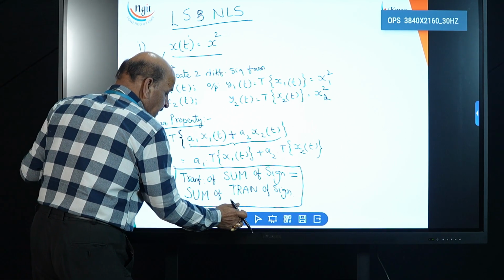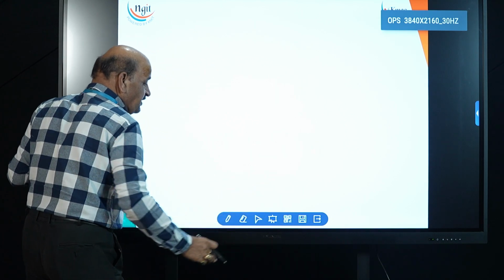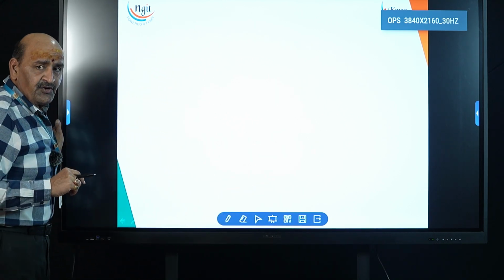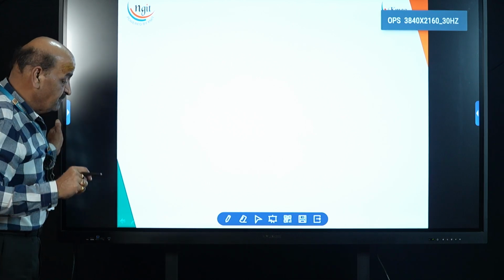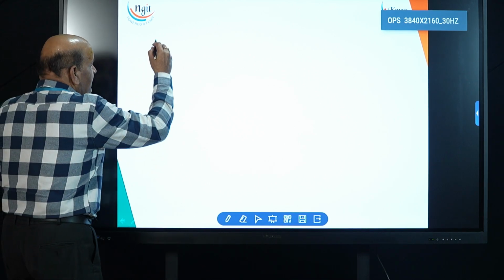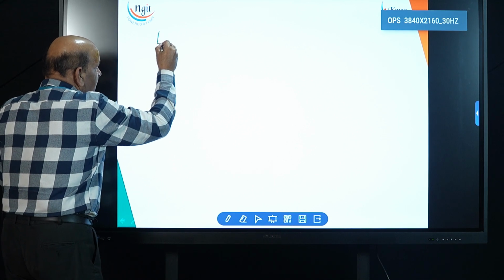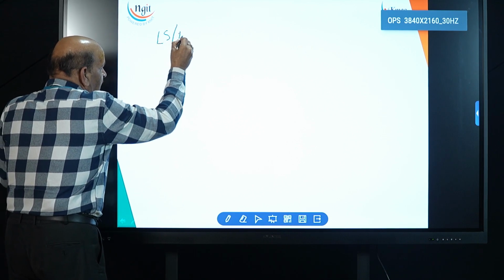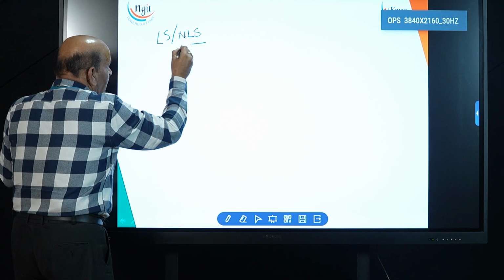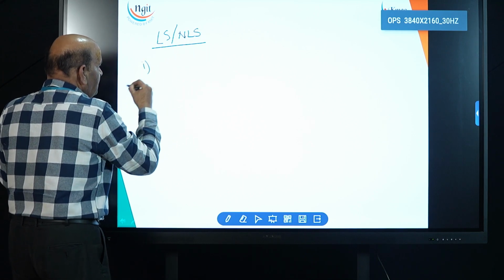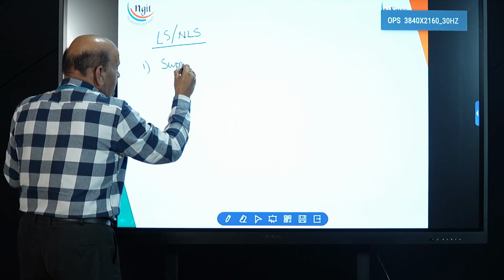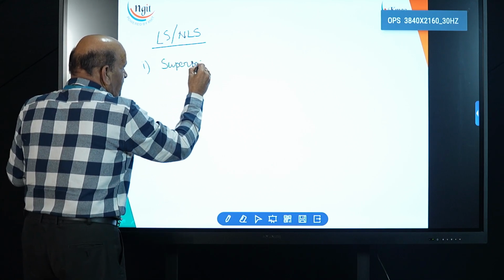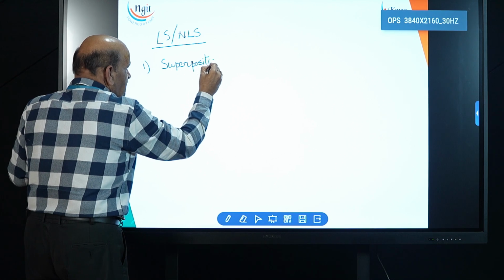Just look at this, because this topic is very much important. Here in this topic, each and every concept should be understood properly. To discuss whether a system is a linear system or a non-linear system, first we have to verify the superposition rule or condition.